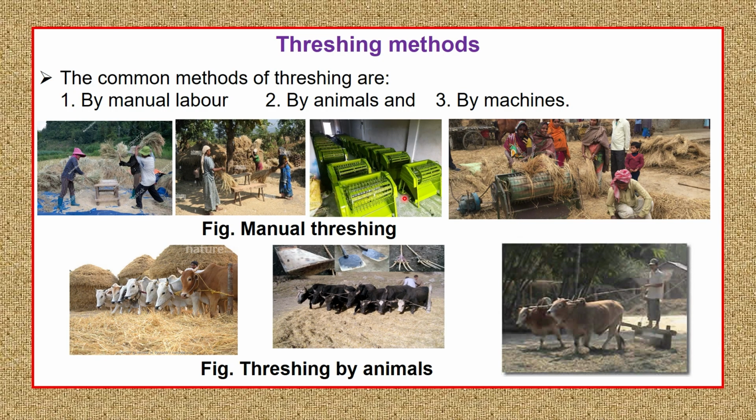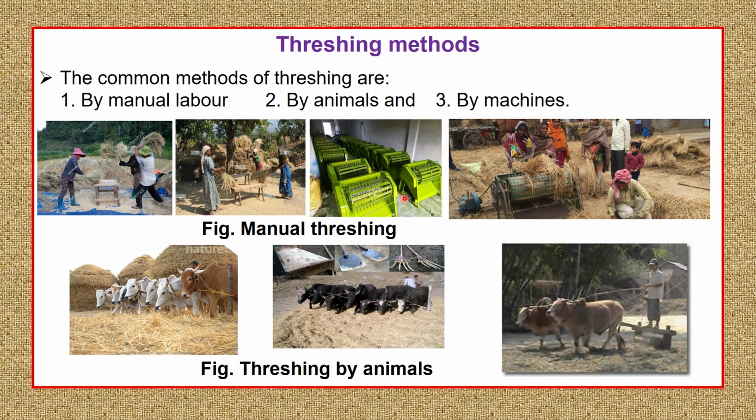As the bundle of crop comes in contact with the rotating drum, the pegs over the drum will hit the panicles, and that's how the grains are detached from the crop panicles or ear heads.